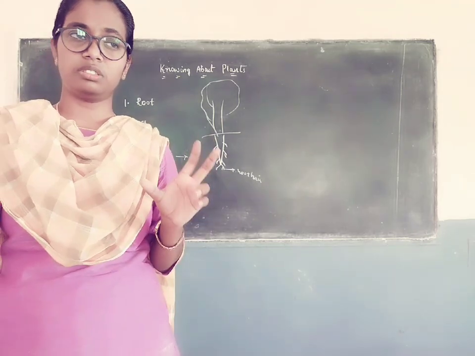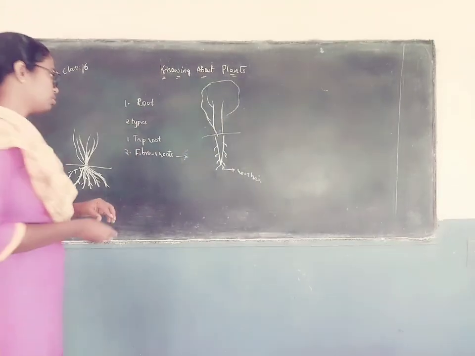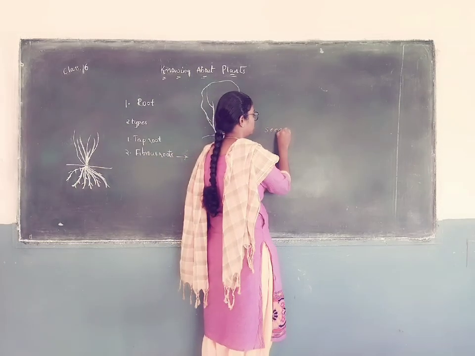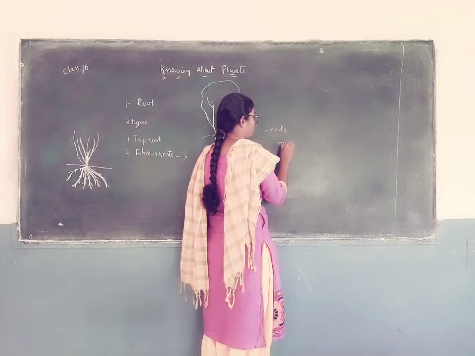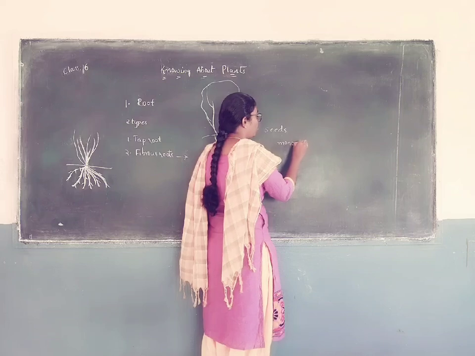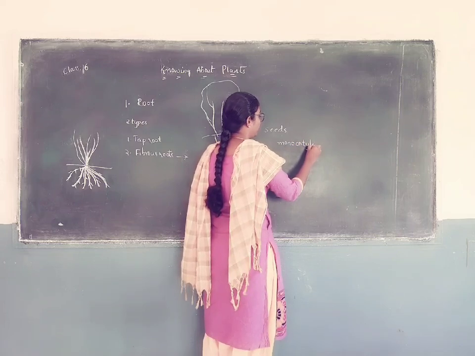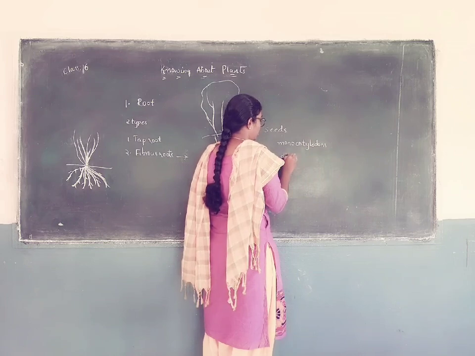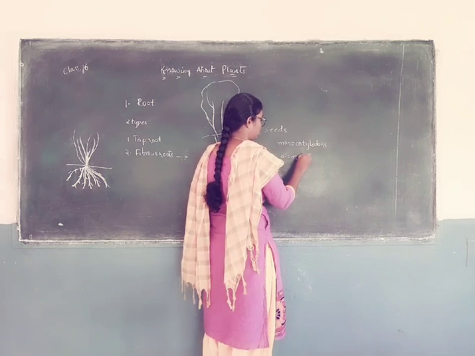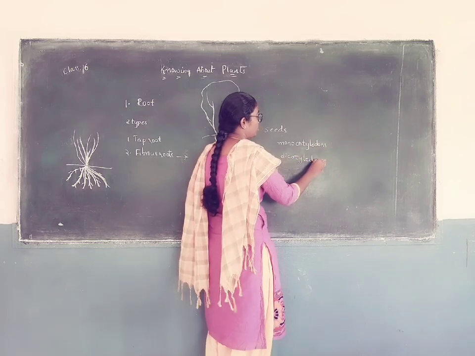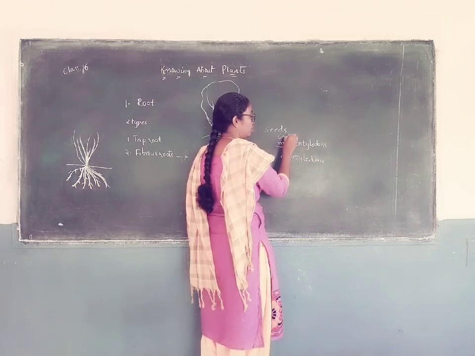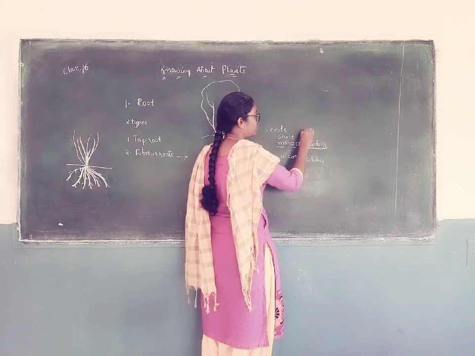So, seeds are of 2 types: monocotyledons and dicotyledons. Here mono means single, cotyledons means seed.